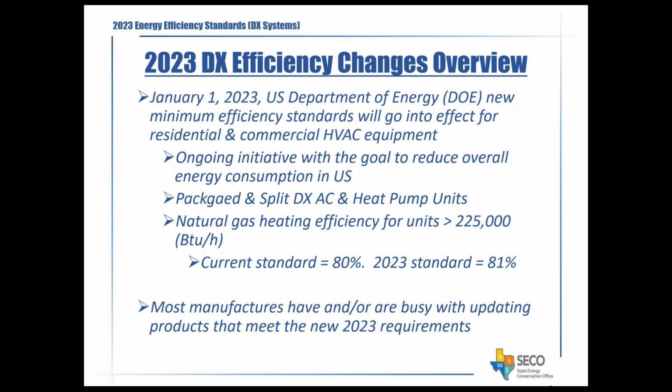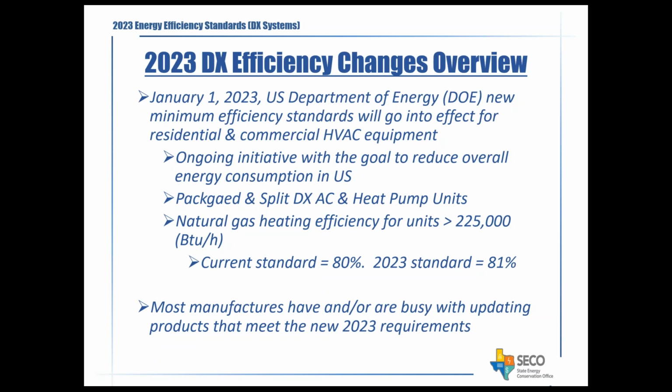So most manufacturers, as I mentioned, are busy with updating products that meet the new 2023 requirements. So, and with the pandemic and the supply chain issues, most manufacturers are having issues with the product. So it kind of makes it even slightly more complicated for that purpose.